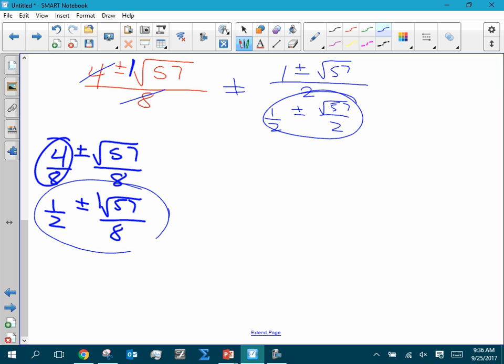Okay? That seems to be an issue that I get a lot with students in regards to canceling sums like this. Now, if I had 4 plus or minus 8 radical 2 all over 4, can I cancel here and there? Because they both have a factor of 4 in them, right? Can I cancel this too?